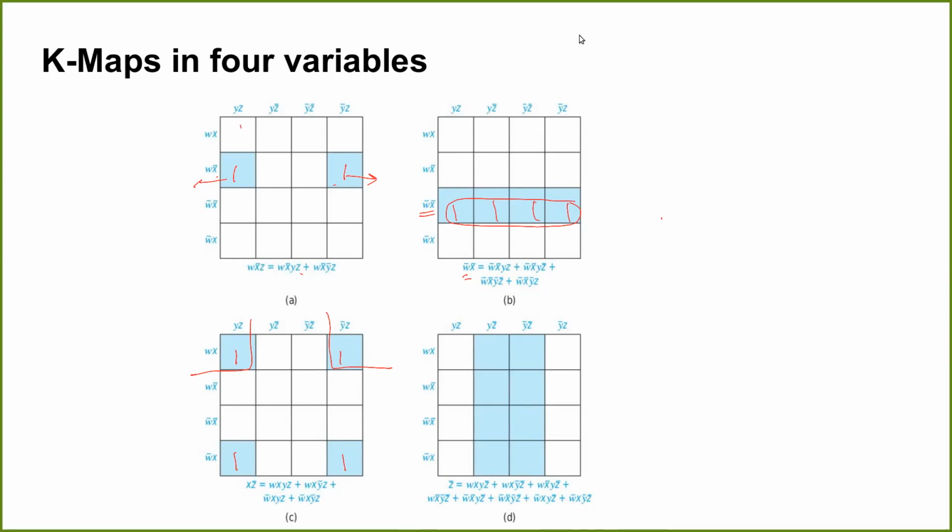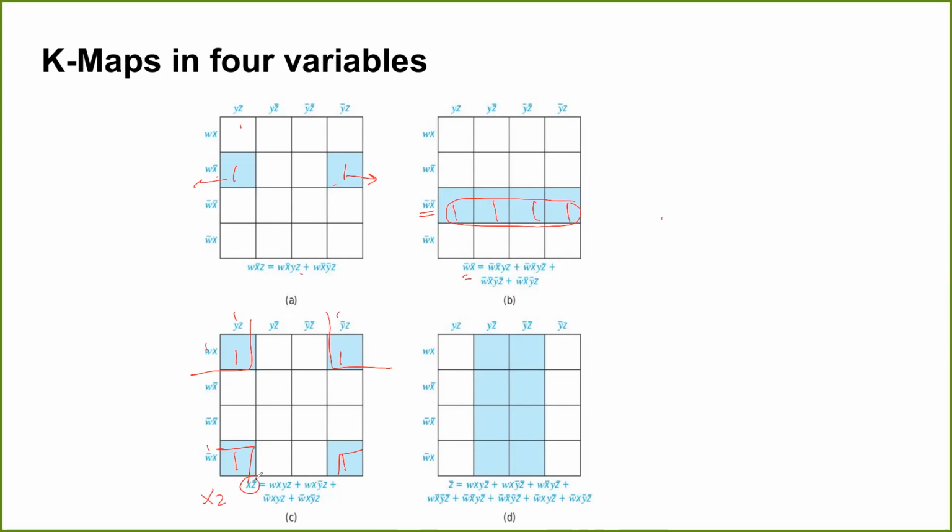You need to see Y bar, both cases are covered. W bar, both cases are covered. So what is left? I want everyone to try. Tell me the equivalent expression if I have to group these four. Excellent, it is XZ.